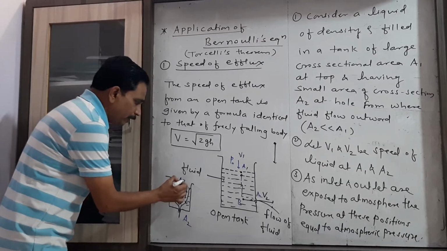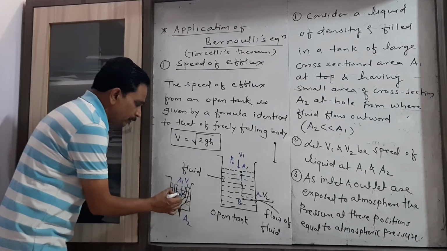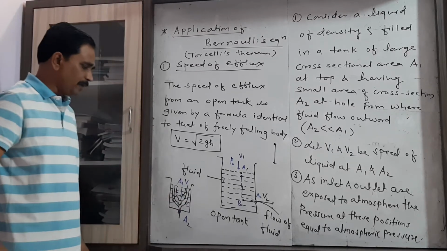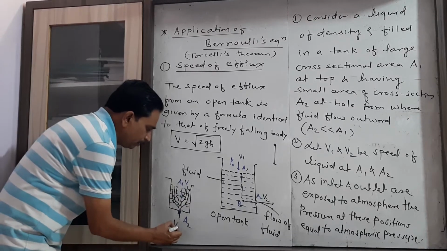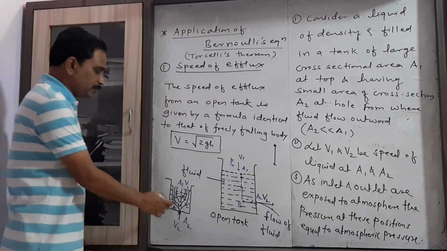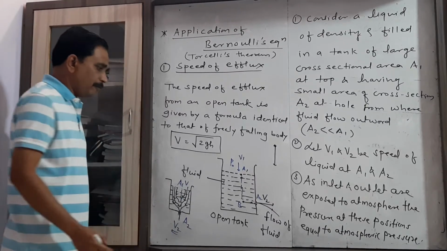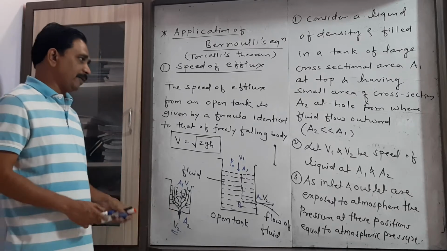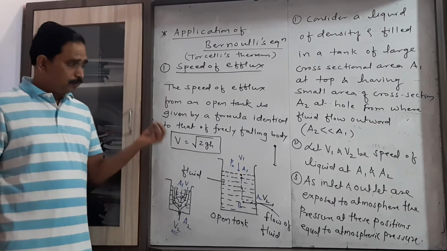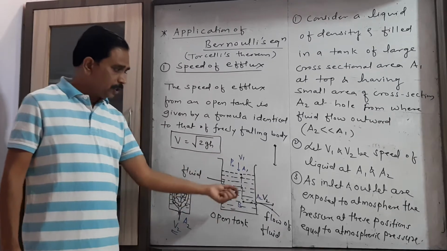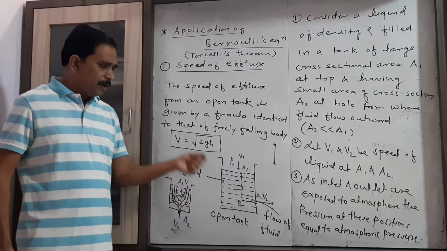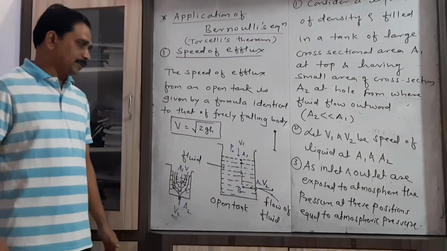Now here the velocity with which this fluid falls down is taken as V1, and the velocity with which that fluid is coming out from that small hole is taken as V2, and we have to find that velocity. So that's why in the speed of efflux we just have to find the velocity of a fluid which is coming out from a hole of very small area of cross section.